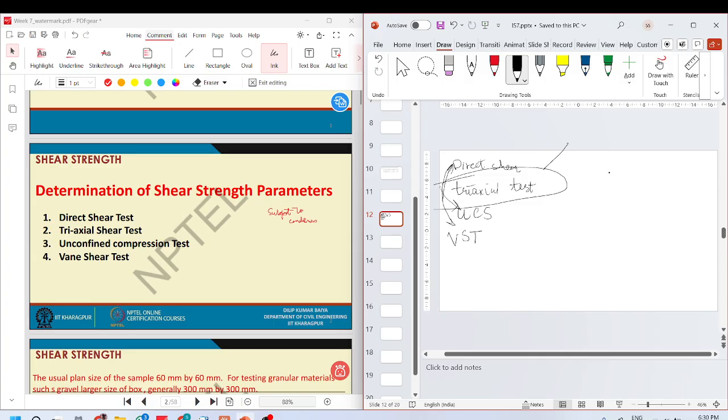For the direct shear test, first let's talk about the behavior of soil. As I mentioned in the last lecture, when we compress the soil, it has good compressive strength. It does not fail in compression.